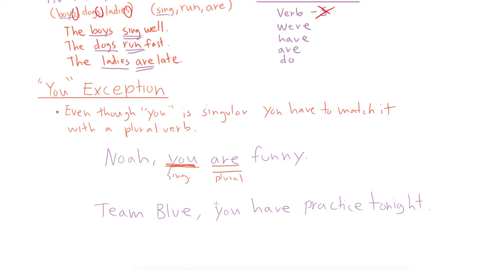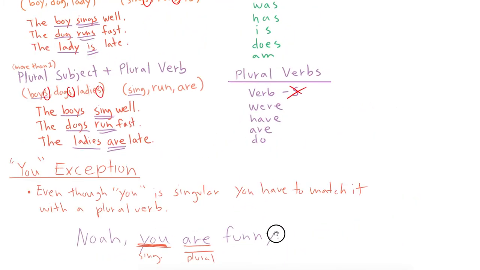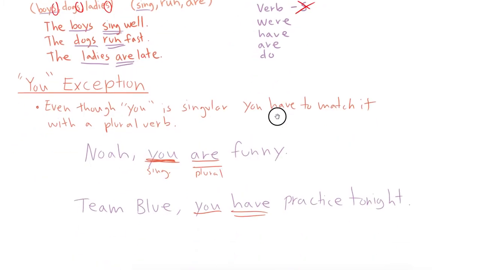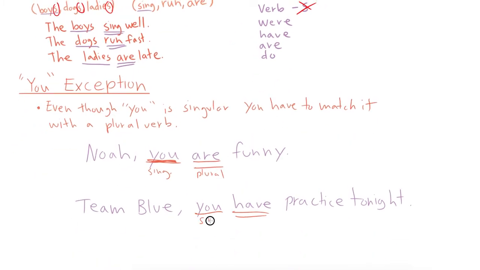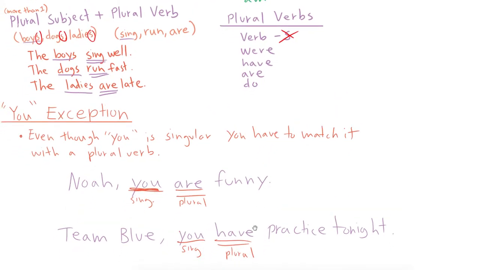So you is a singular subject, but we're using a plural verb here, have. Have is plural, right? So even though we're using a singular subject, we're matching it with a plural verb. Remember, this is the one exception. It makes sense if you say it out loud. You don't say, Team Blue, you has practice tonight.